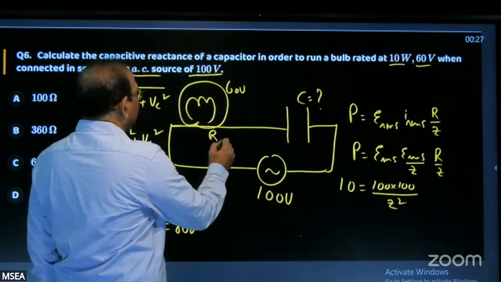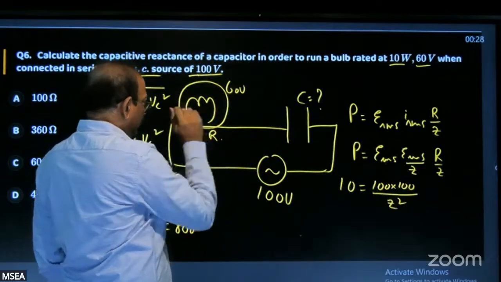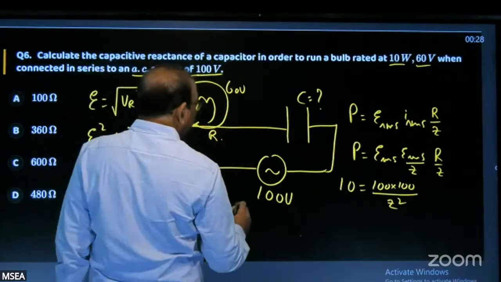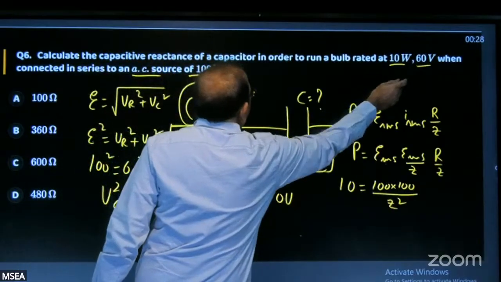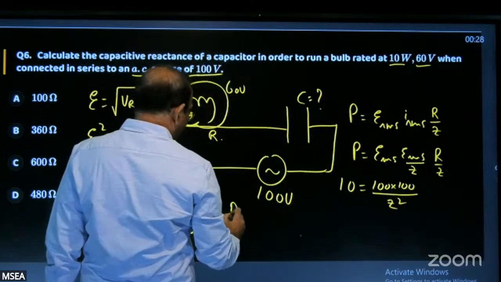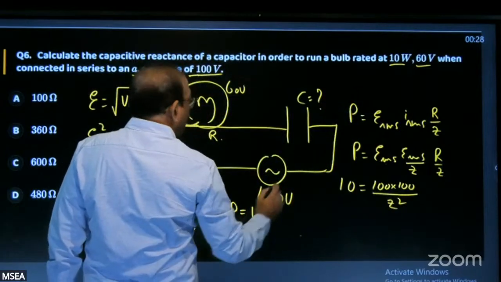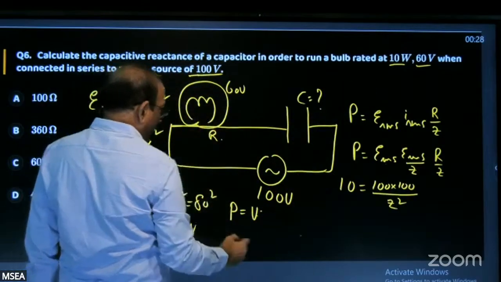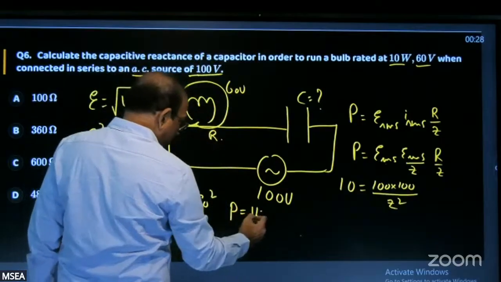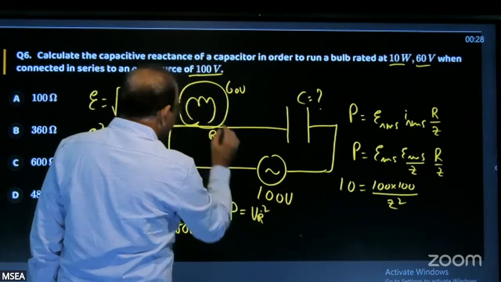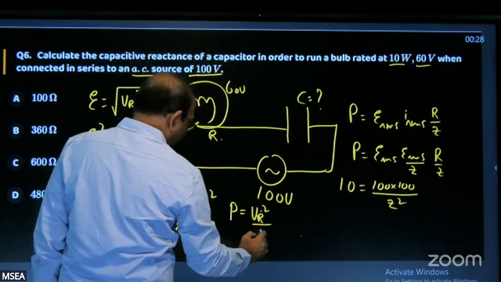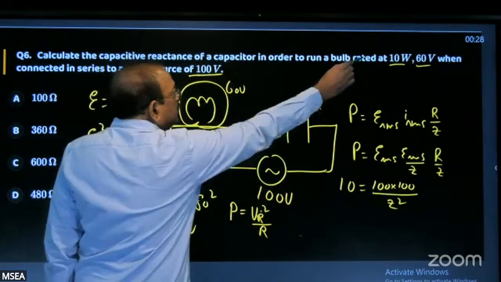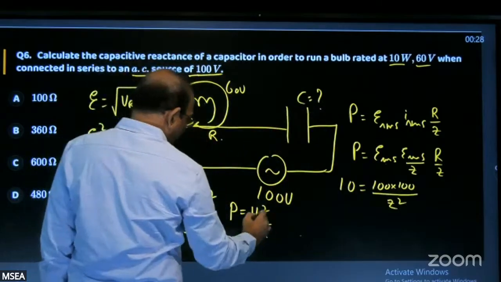What is R? R is the resistance of this bulb filament. How to find resistance? For the bulb, he gave voltage rating and power rating. This filament is a resistor now. The power in that resistor is equal to VR square by R. What is this VR? 60, this filament voltage is 60.